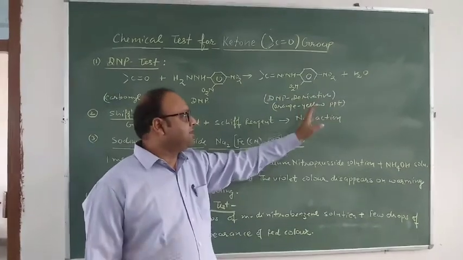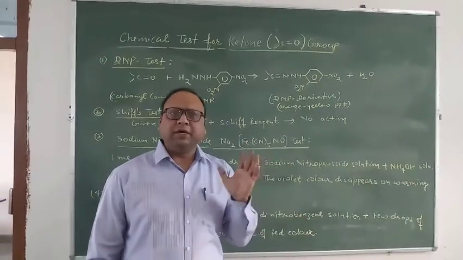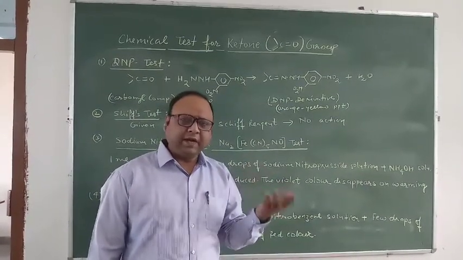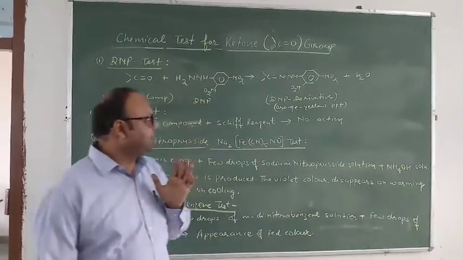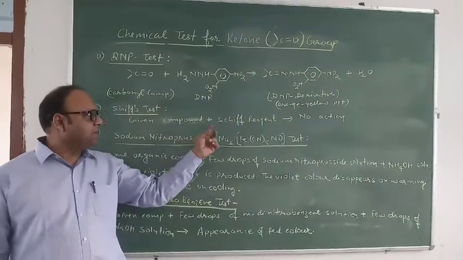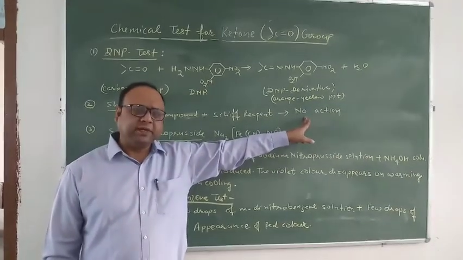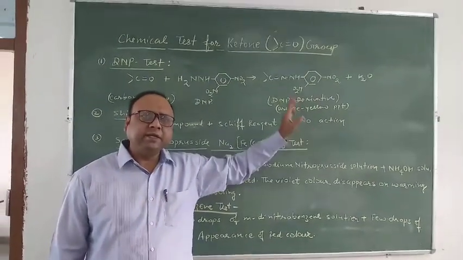If an orange yellow precipitate is obtained, it means an aldehyde or a ketone group is present. Aldehyde group was already done by us. The second is the Schiff test. The given organic compound plus Schiff reagent. If no color change takes place, it means aldehyde is absent.